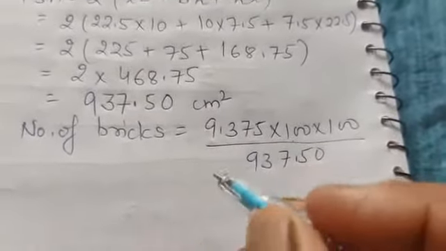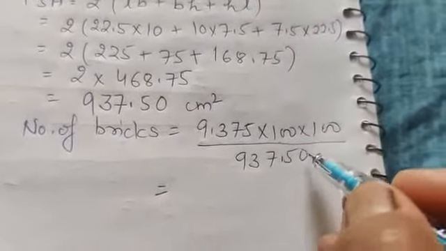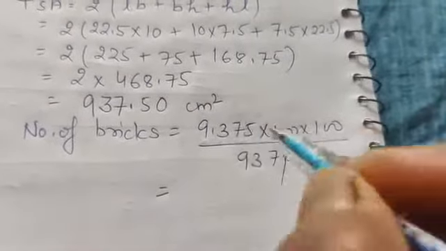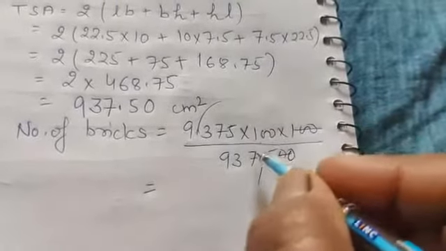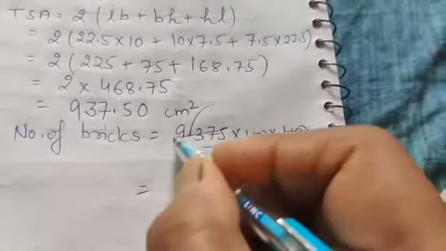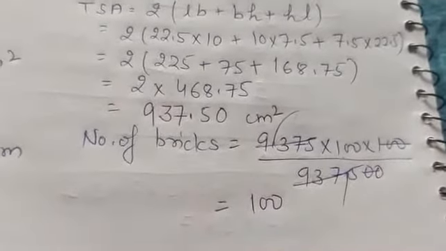Now solve this and cancel. The number of bricks equals 100.